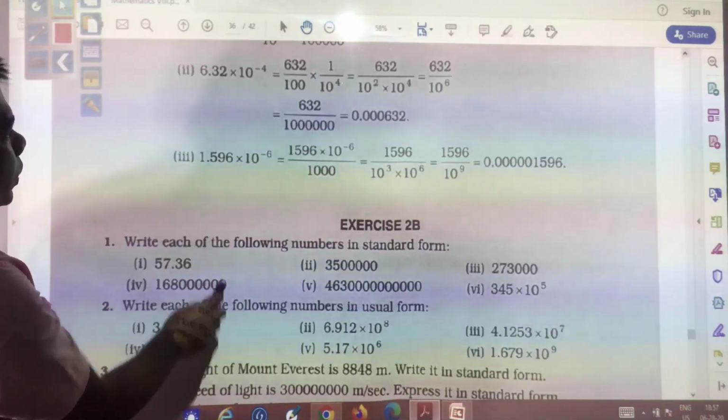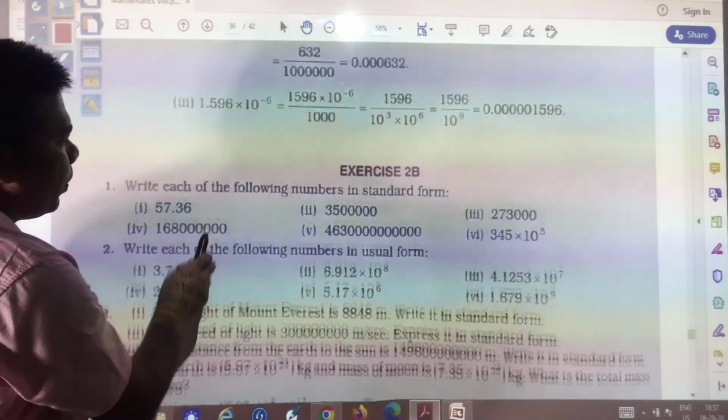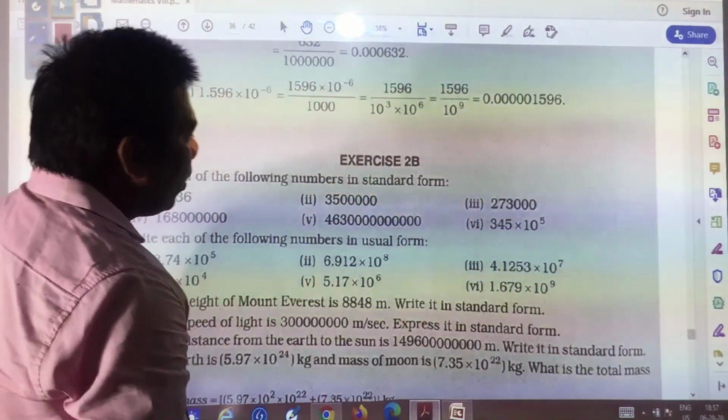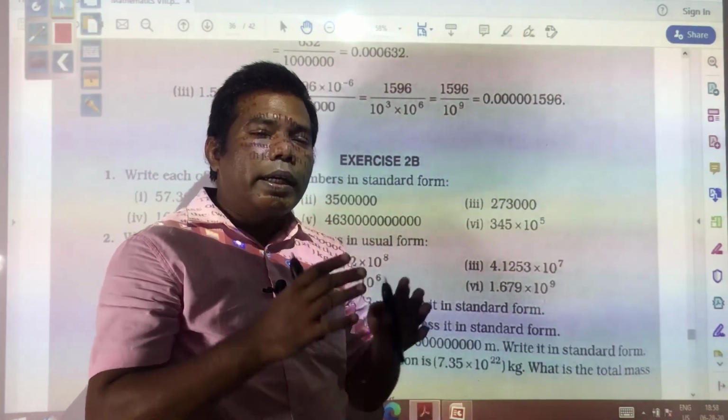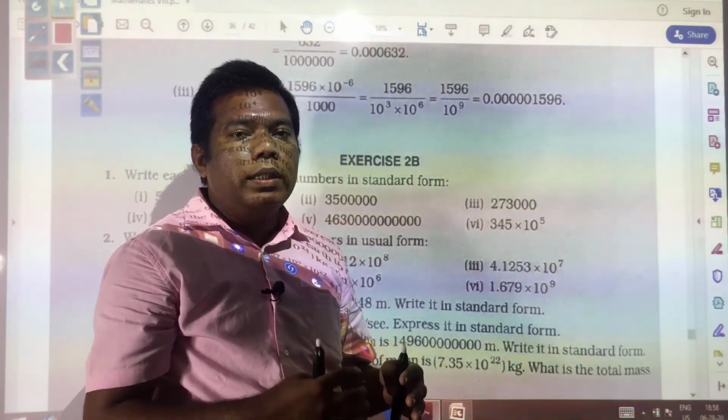Either way you try to understand, only the simplification, how it has been done. Okay, rest of the questions are similar. So, I expect at least whatever solved examples are there you will go through properly and try to understand. Again and again you try, so that you will understand easily.